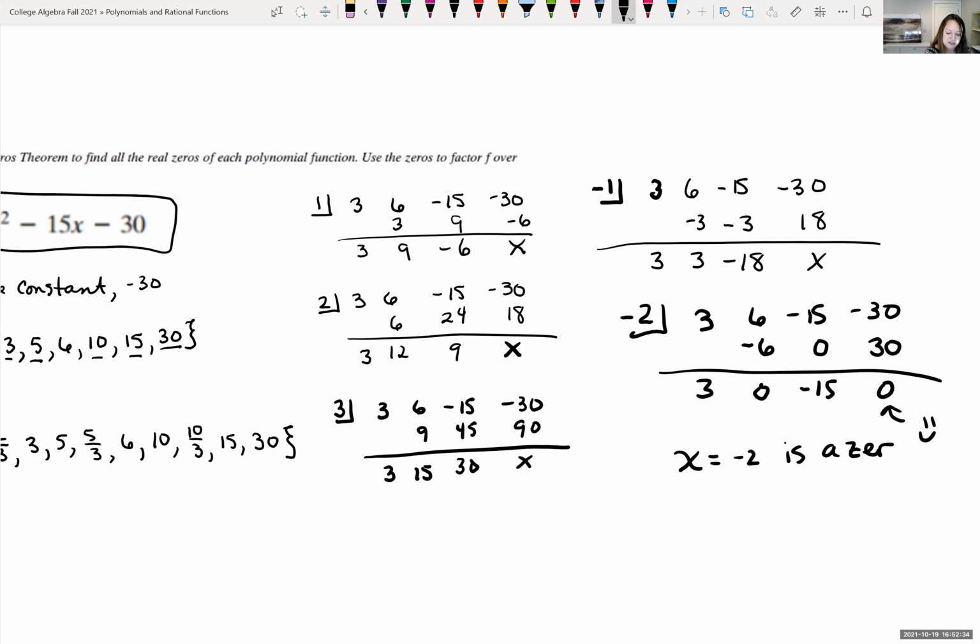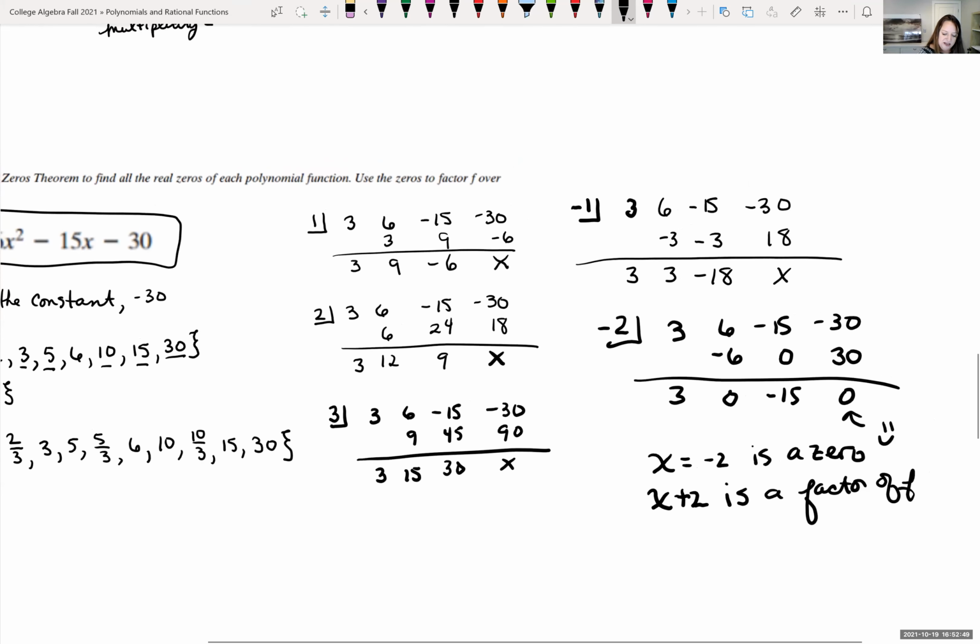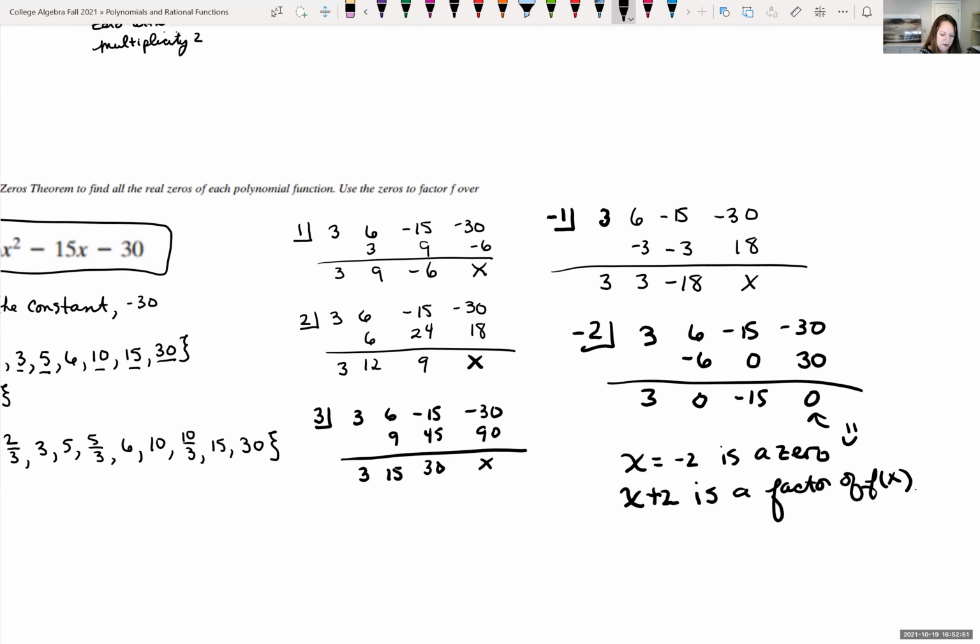But it also tells me that x plus 2 is a factor of f of x. And we even know what this polynomial is. So far we have f of x is equal to our factor, which we just divided by, x plus 2, times this bottom row.